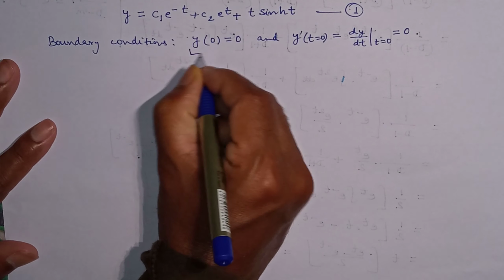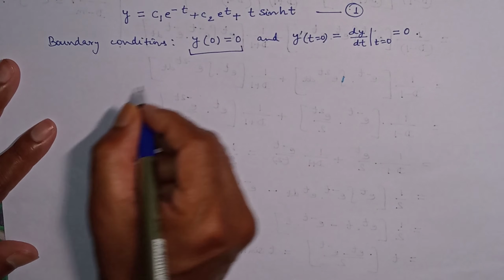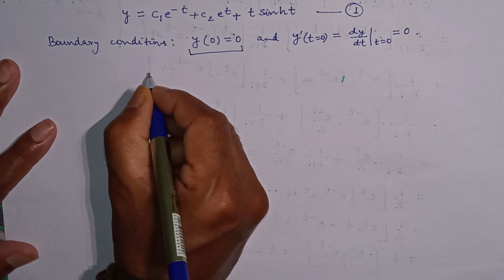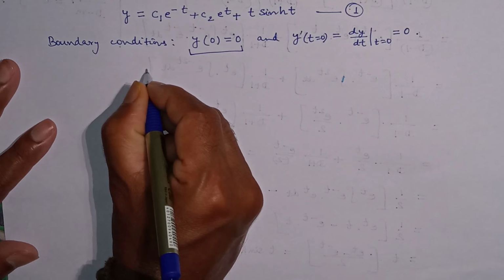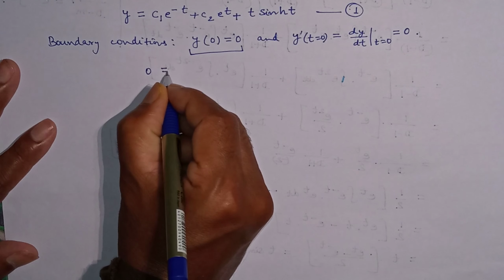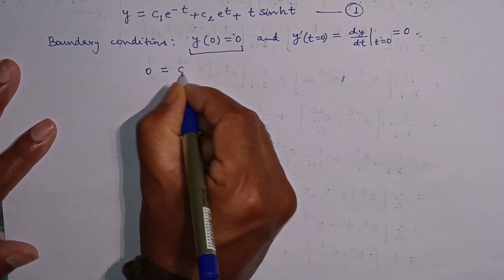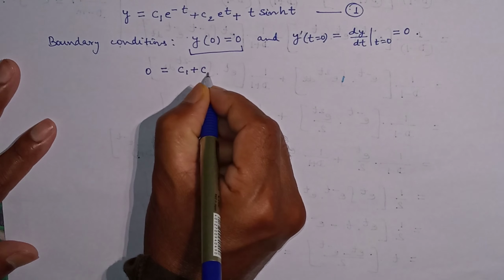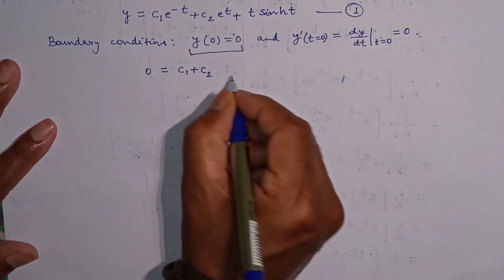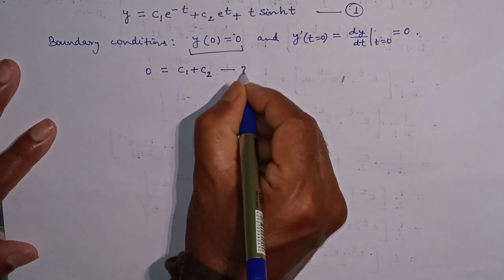So when we apply the first condition in equation 1, we have 0 equals c1 plus c2. Say this is equation 2.